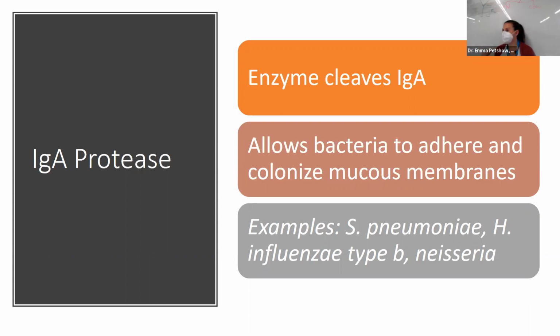So we can think of strep pneumoniae as being a common one, H. flu, and Neisseria. But really, any bacteria that wants to bind and adhere and grow on a mucous membrane could potentially have this effect. IgA protease positive bacteria cleave IgA. Break it down.